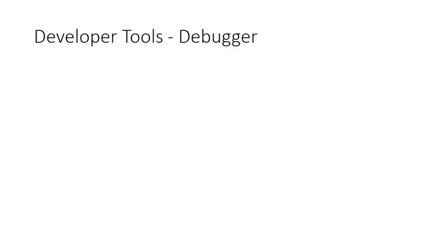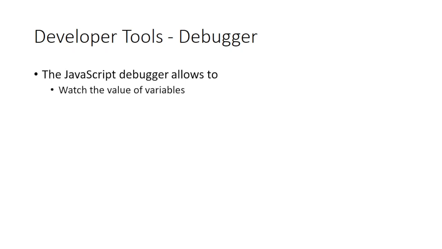The other tool that we are going to use is the debugger one. The debugger is intended for debugging JavaScript, and it allows us to watch the value of JavaScript variables and set breakpoints.